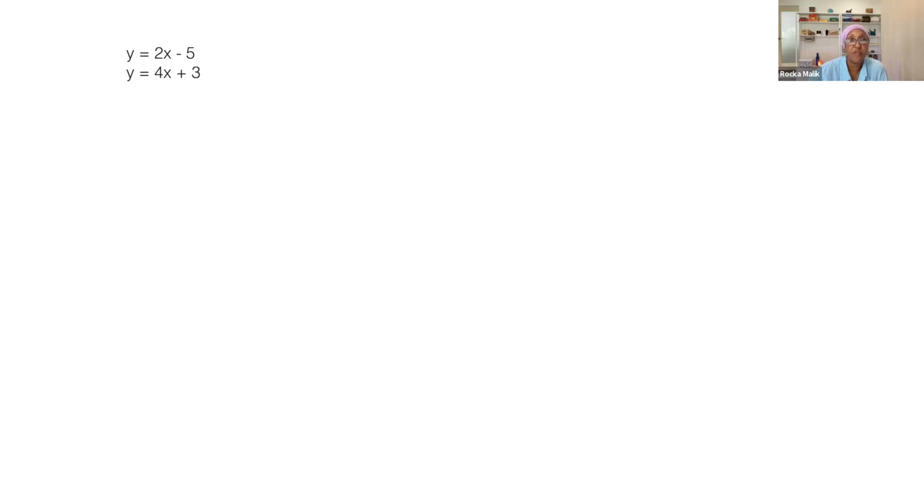What kind of form is this equation in? Two choices. It's either slope intercept or, yes, good job. Slope intercept or standard. Standard is the ax plus by equals c.